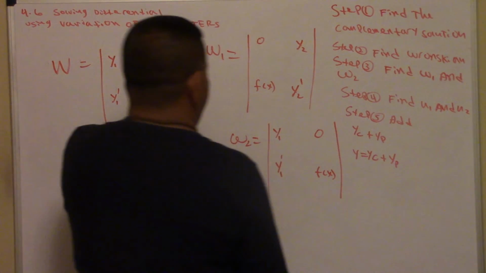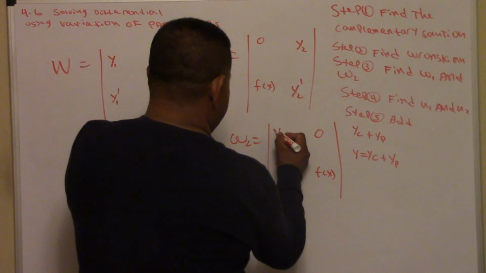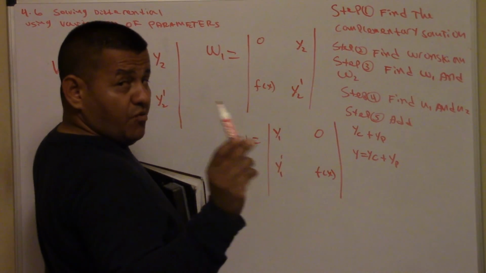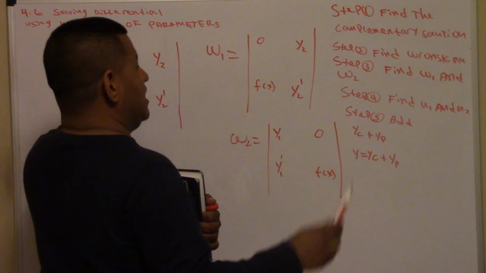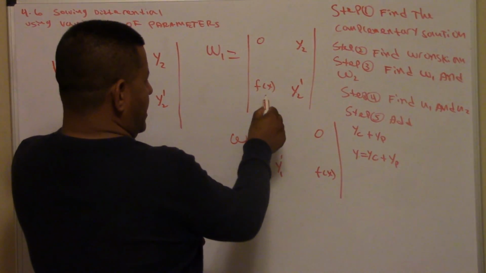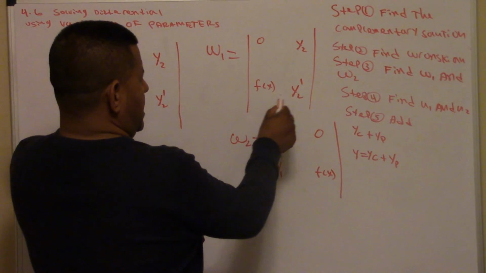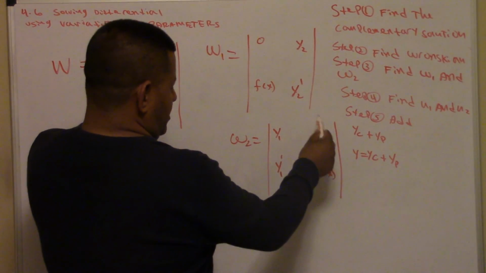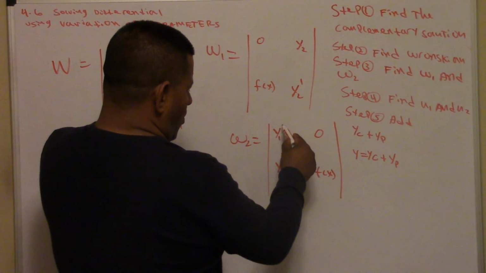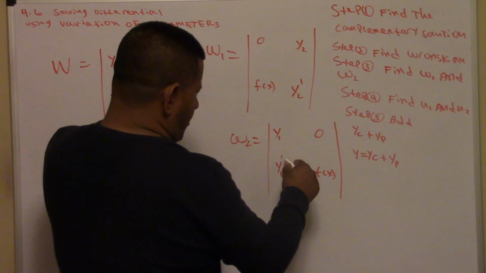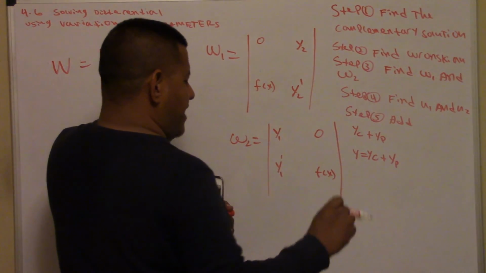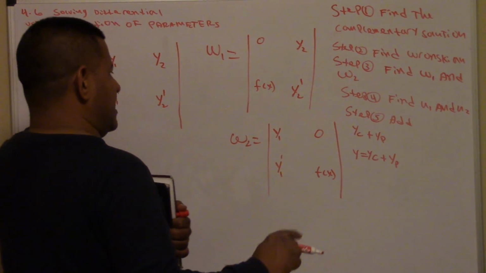Remember that when you do this, make sure that you have it in this order. If you put 0, you put f of x on the bottom. And for W2, you get y1, y1 prime, and then 0, and on the bottom f of x.